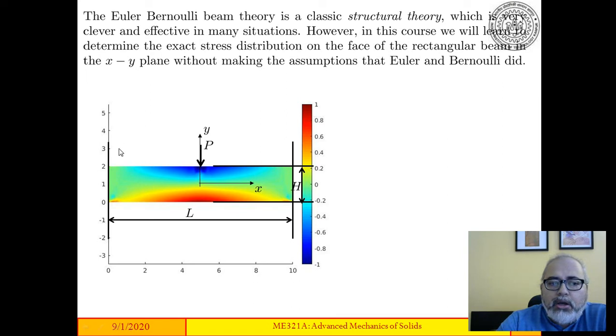So what we have done is a full field analysis, whereas what Euler-Bernoulli beam theory tries to do is a structural analysis, a simplified structural analysis from which it tries to predict the stresses far away from where loads are applied, where supports are applied, etc. Far away from these regions, Euler-Bernoulli works well, but close to these regions, you may have situations where the stresses may be high enough to merit some attention.